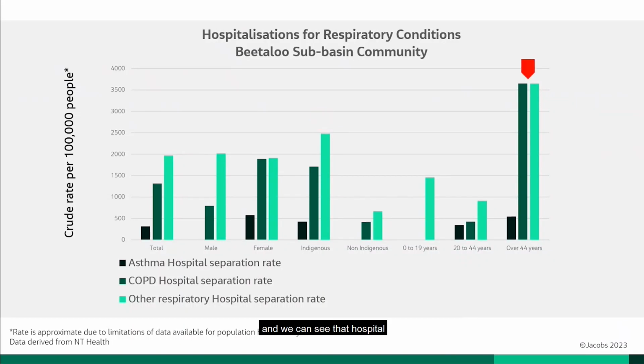And we can see that hospital separation rates for COPD and other respiratory conditions is much higher for people aged over 44 years old. And this reflects that increasing age is a risk factor for these conditions.